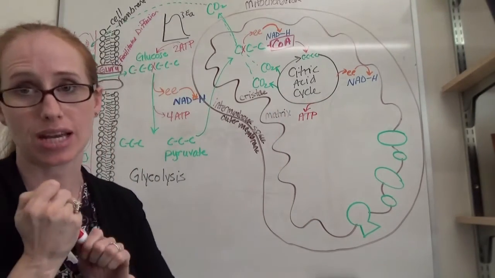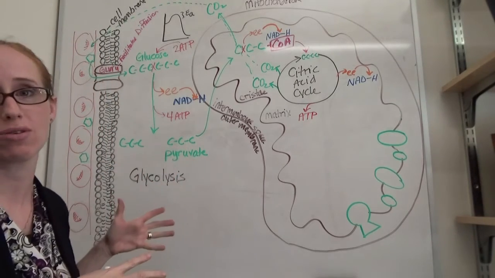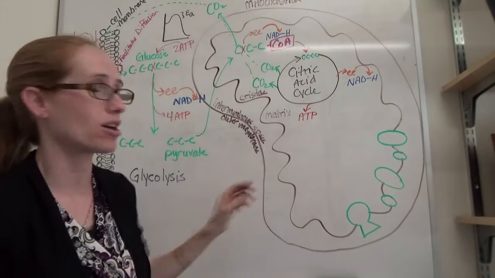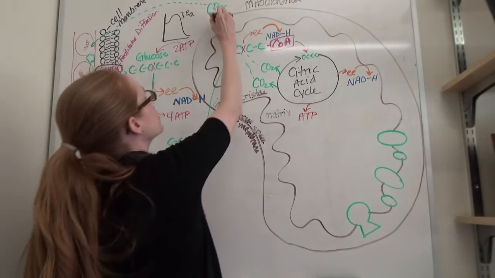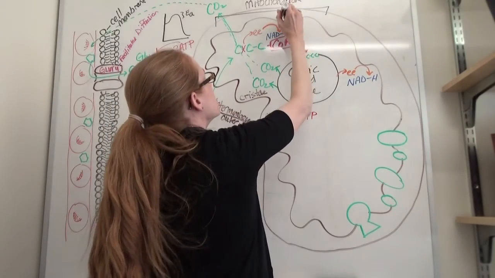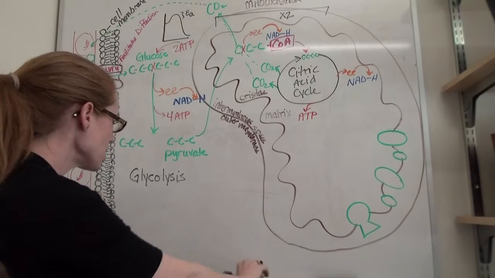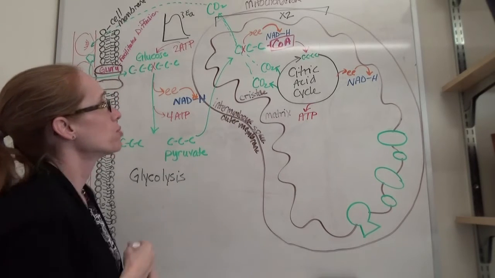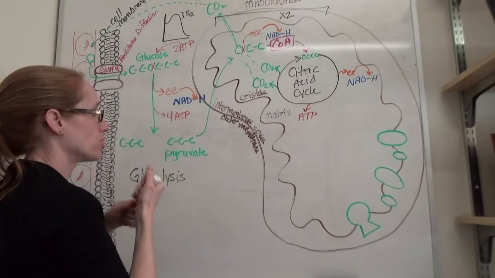Now how many times is the cycle going to turn for a glucose molecule? You actually have 2 pyruvates. So this whole process in the mitochondria gets to happen 2 times. So we'll just put that up there to remind us that the mitochondria happens times 2 for the 2 pyruvates. Okay. So we've now broken apart all of our carbons. Let me label this ATP production really quickly.